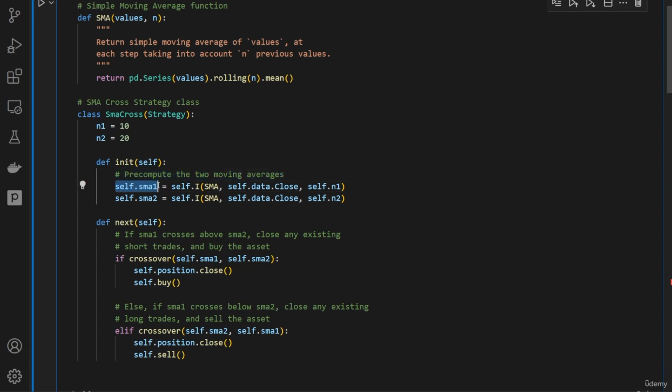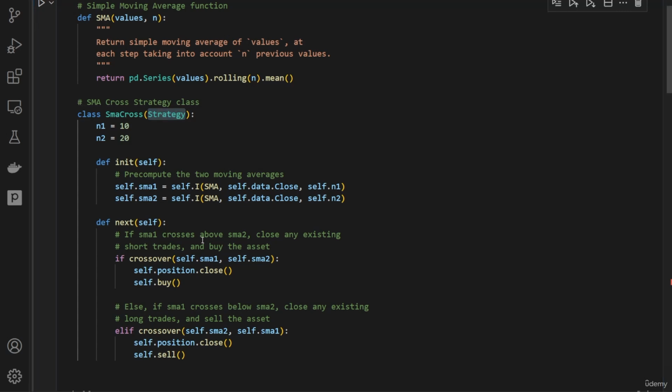We save these into instance variables, self.sma1 and self.sma2, simply calling the function with the two lengths inside of the class. Notice also that we have used the capital I here, which is the indicator. So we're declaring whatever we have here as an indicator for the class. This is inherited from the Strategy base class.